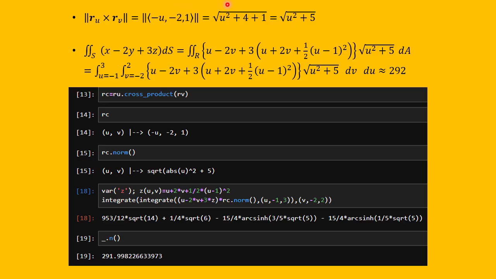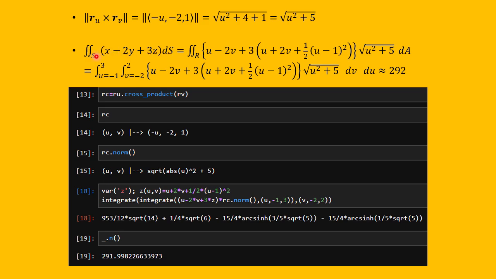So that's going to be u squared plus 4 plus 1, which simplifies to the square root of u squared plus 5.